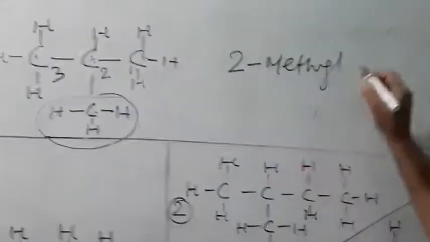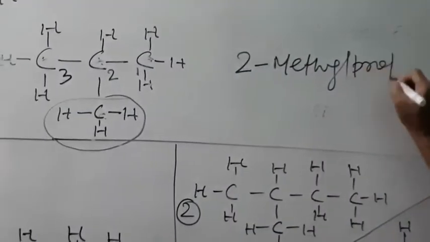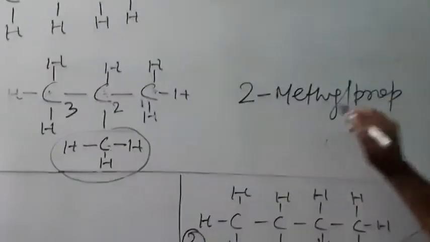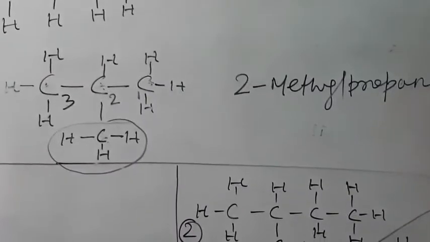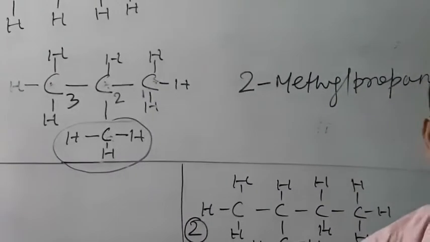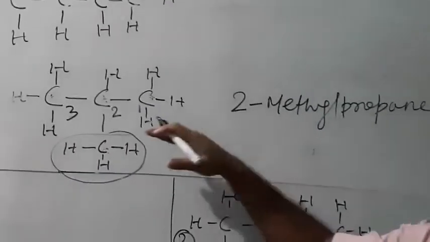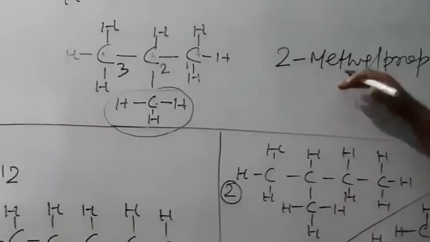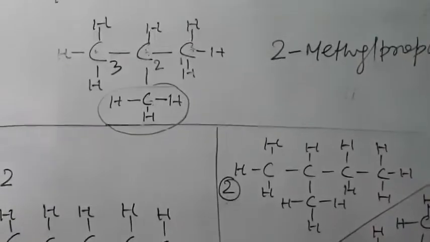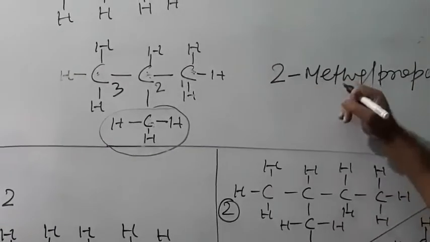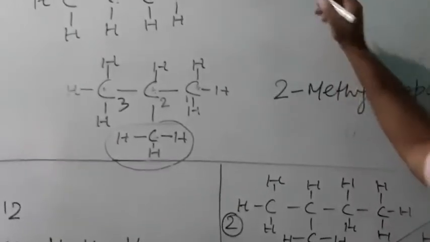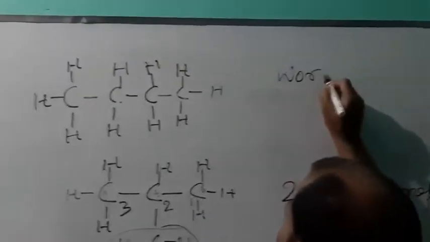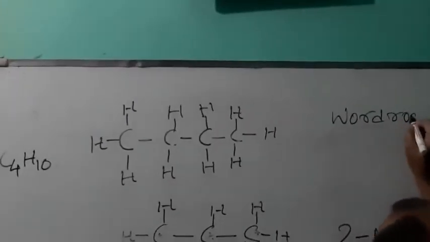What root? Prop. All are connected by single covalent bonds, so propane. So the IUPAC name of this compound is 2-methyl propane.